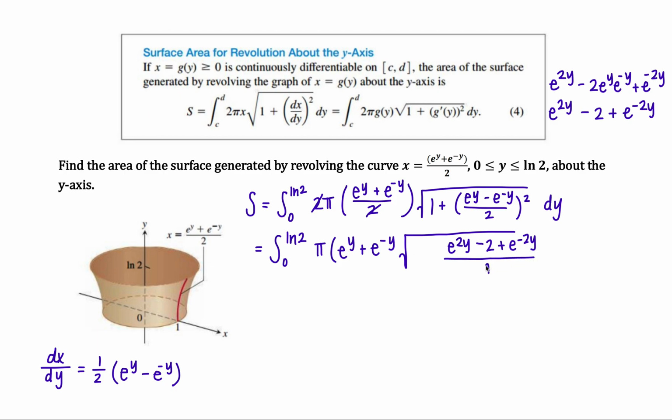And that's going to be over a 4. I want to take that 1 and combine it with the fraction, so I'm going to write it as 4 over 4. So now I can go ahead and add those fractions inside the radical.